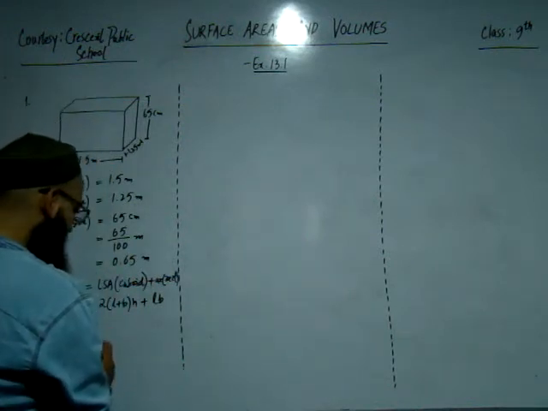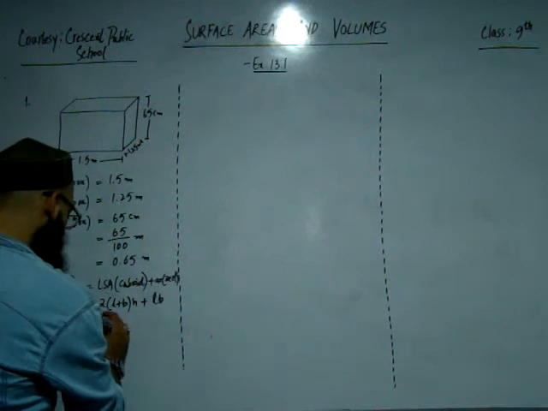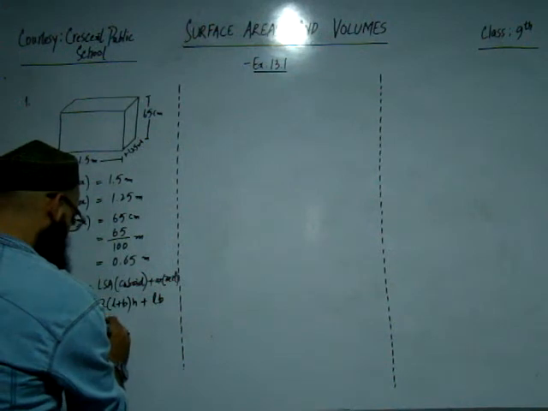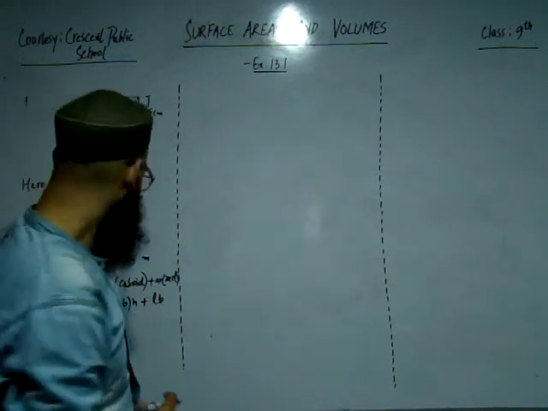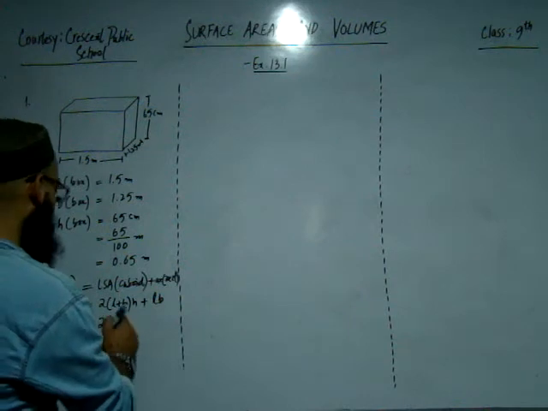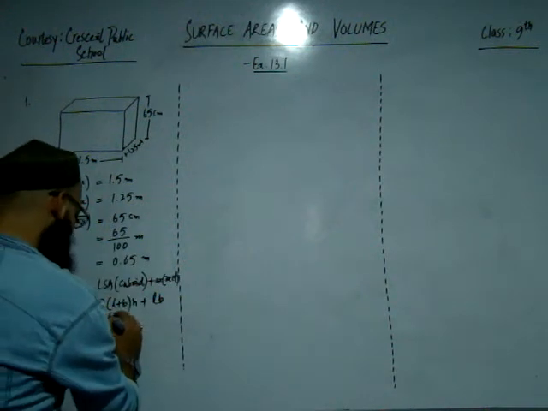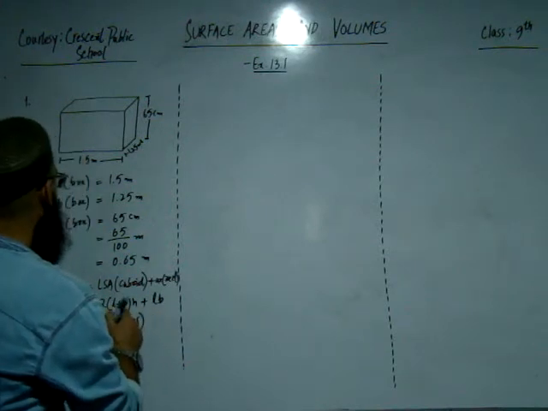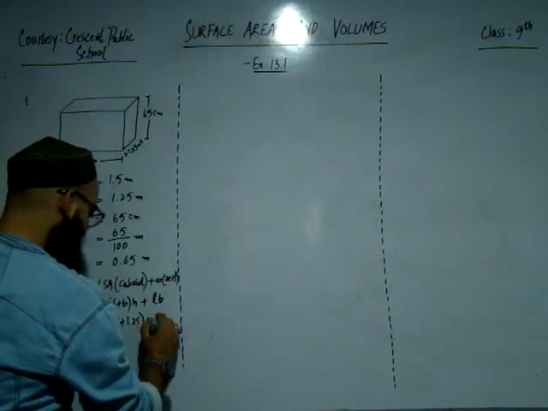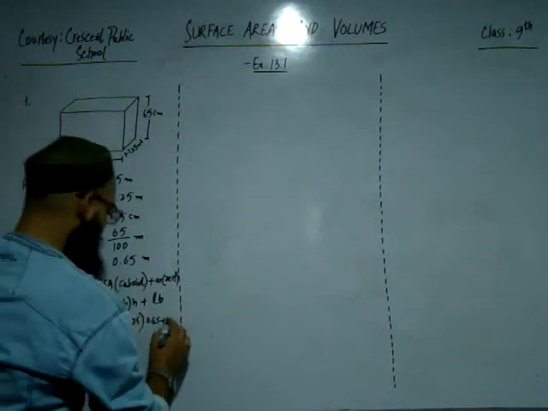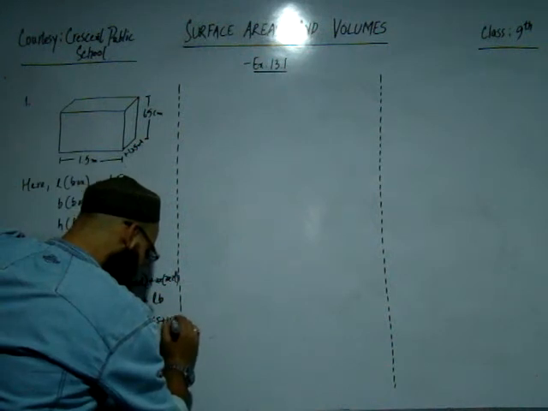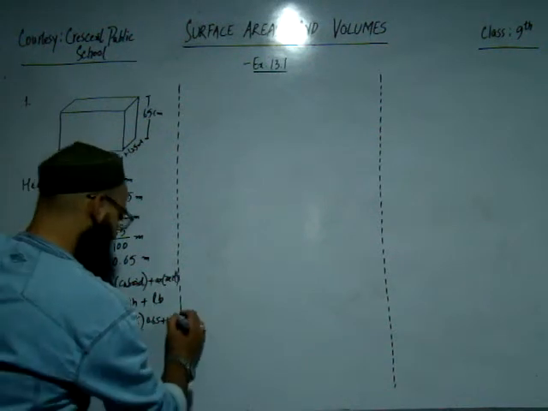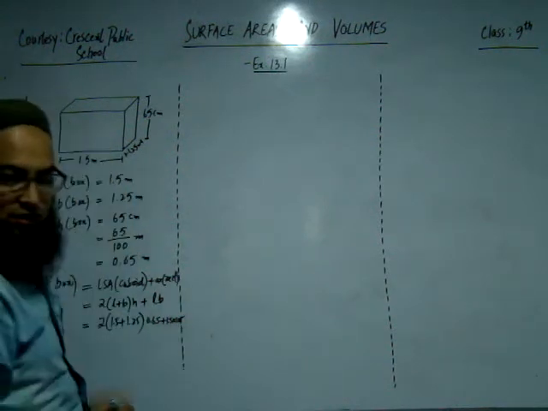Then what I'll do is substitute, I'll go like this: twice, length is 1.5 plus breadth is 1.25, times height 0.65, then plus length times breadth, that's 1.5 times 1.25.